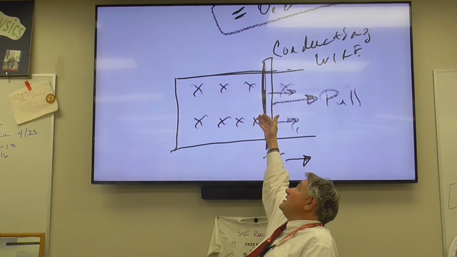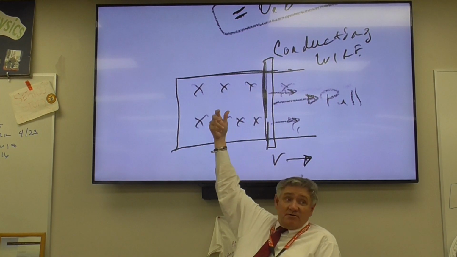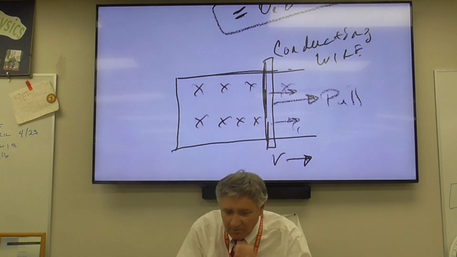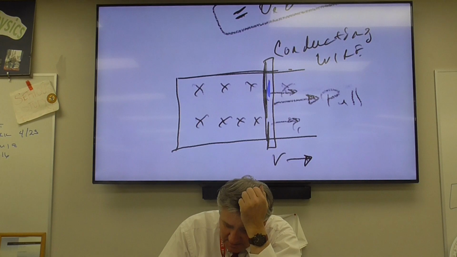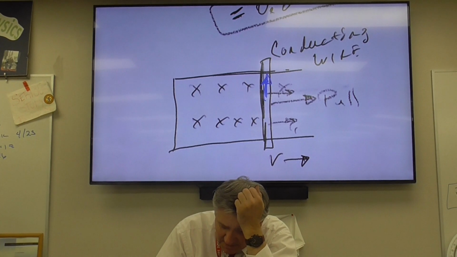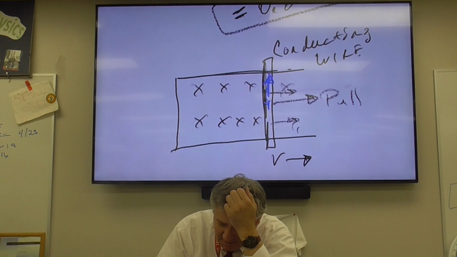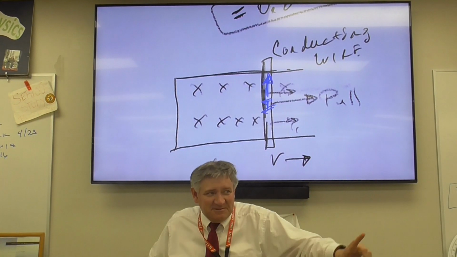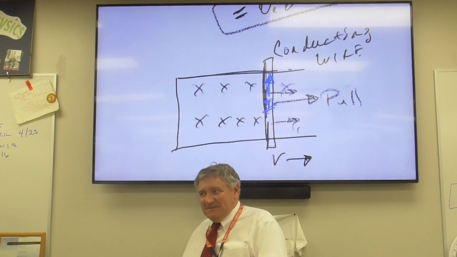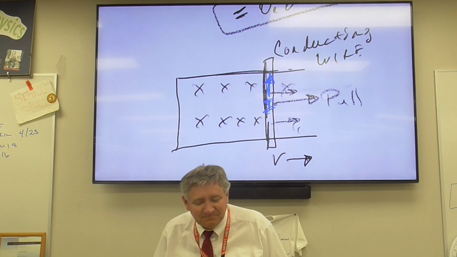Current's going up. That way, your right hand curls out this way. So the current is going to be going up. So that's the direction of the current, okay? That's the first time we're going to use the right hand rule.